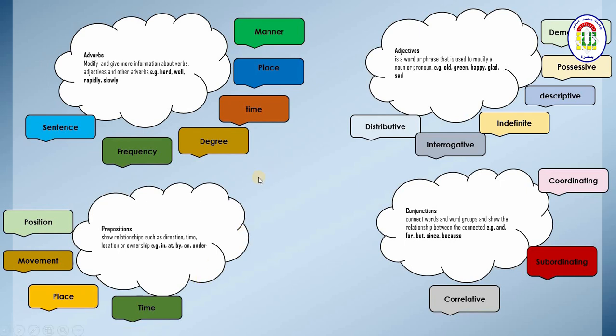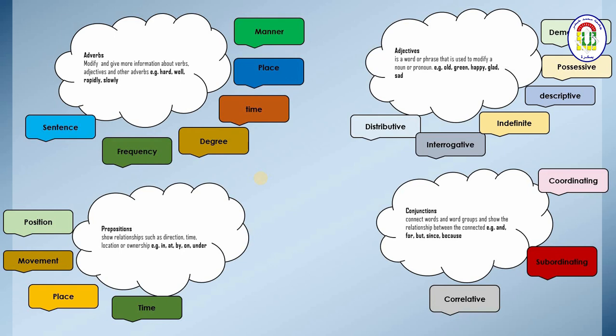So these are all about the parts of speech in English, and they are mainly 8 parts of speech, but they can differ in terms of their types and their functions in the sentence. For example, not all the adjectives can be the same type, not all the conjunctions are limited to 3 types.